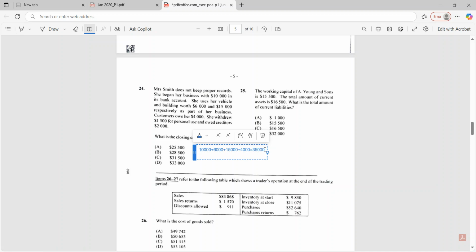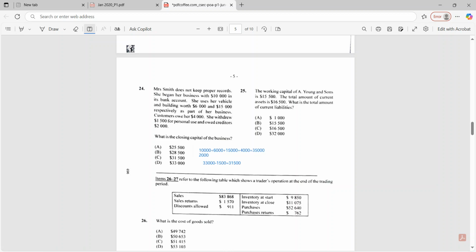Now let us find our liabilities. She has creditors of $2,000. That is our liabilities. So 35,000 minus $2,000 will give us 33,000, and also her drawings is 1,500. And we know that we have to subtract drawings from capital. So 33,000 minus the 1,500 will give us 31,500.